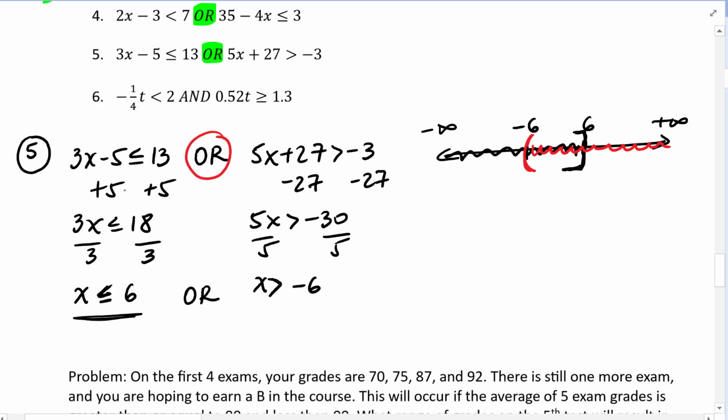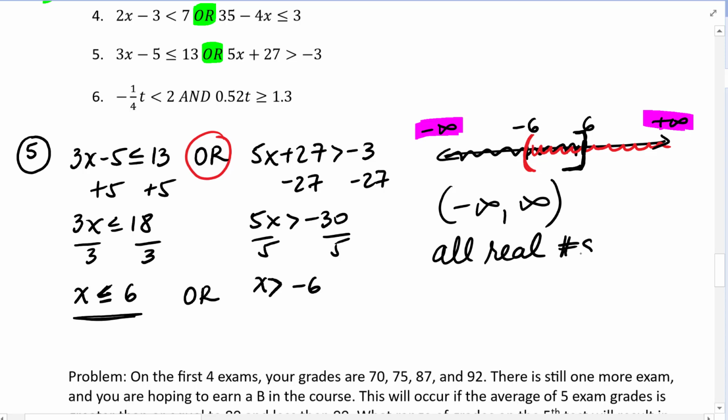Because it's or, and we said when it's or, it means everything that is shaded. So if I take a look at this graph, I see that everything from negative infinity to infinity is shaded. So the solution is negative infinity to infinity, or all real numbers are solutions, because any number you replace is going to satisfy one equation or the other one, or both equations.